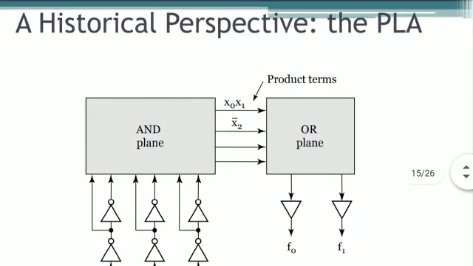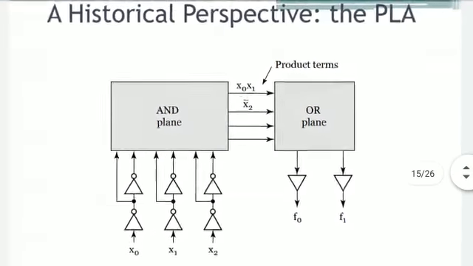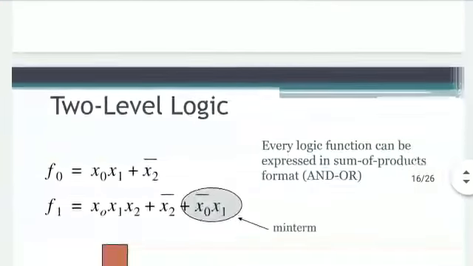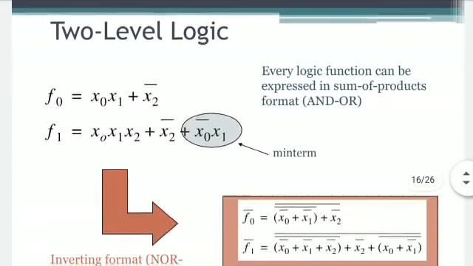Before going to the details of PLA, let me show you an example of a Boolean function. Here there are two functions, f0 and f1. f0 contains the variables x0, x1 plus x2 bar. f1 contains the variables x0, x1, x2 plus x2 bar plus x0 bar into x1.